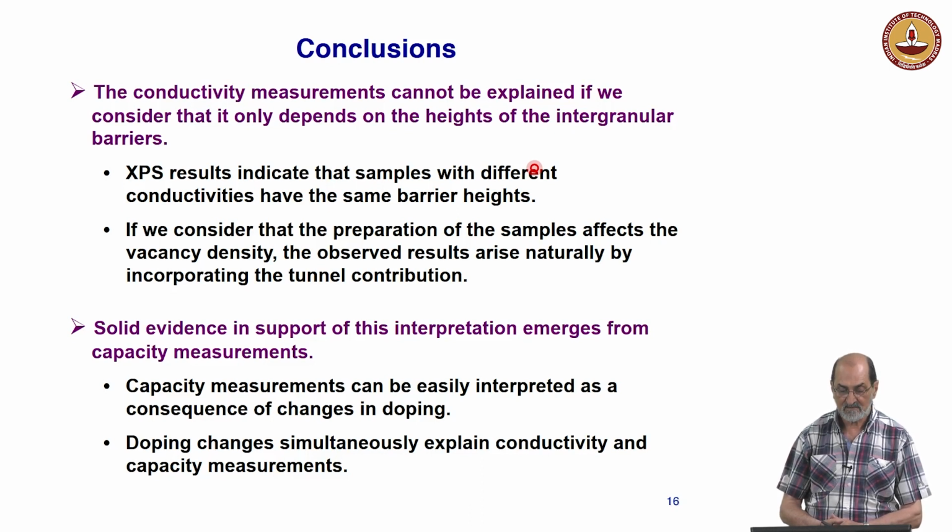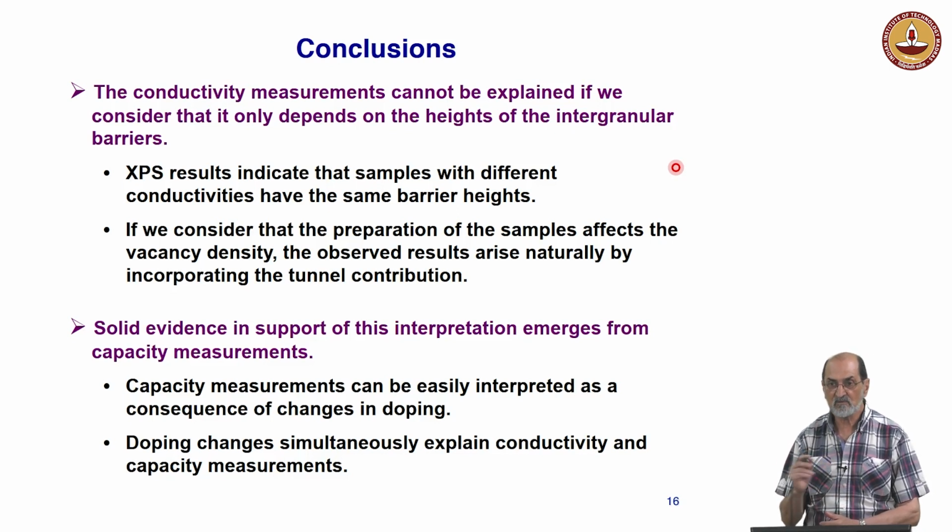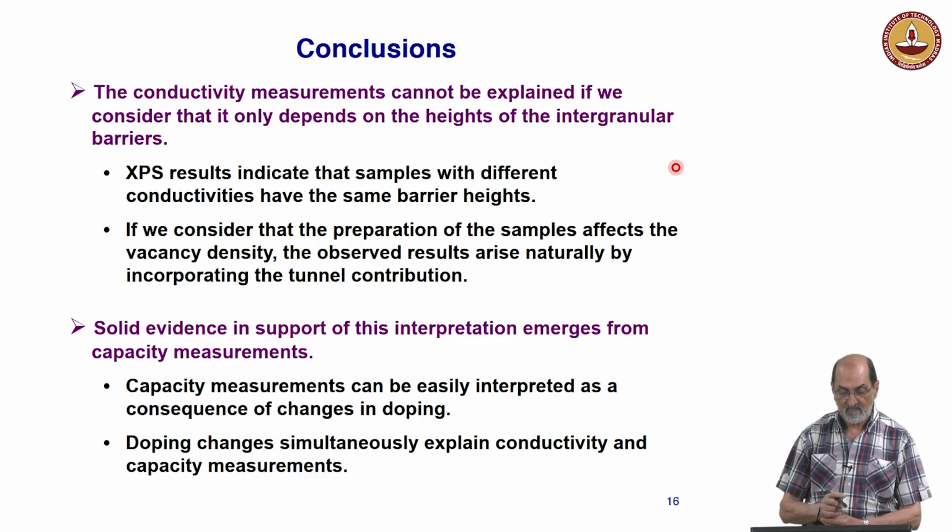The reason is that the current through the intergranular barriers is not only due to thermionic conduction, but also because of tunneling. So the results using XPS indicate that the samples with different conductivities have the same barrier heights. So it cannot be thermionic only.